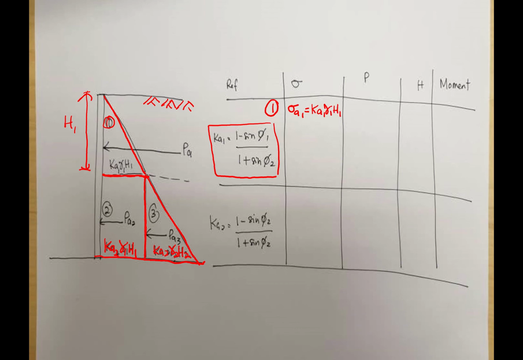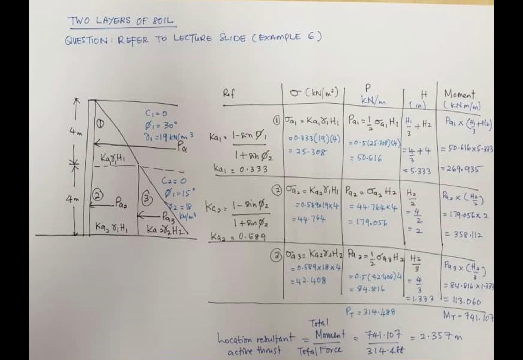And then for reference number 2, you have stress A2, which is Ka2 gamma 1 H1. And of course for reference number 3, stress number 3 is equal to Ka2 gamma 2 H2. That is how you do it. Let's see how to solve this one. I already did it for you.